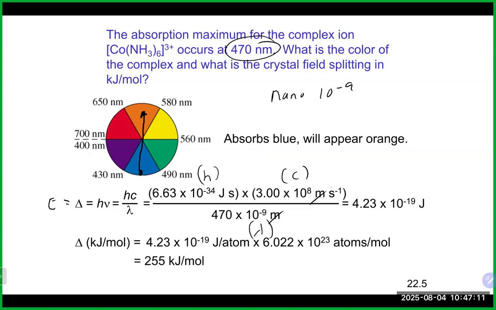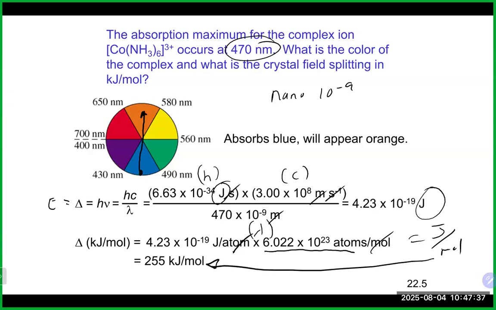That way meters cancel, seconds cancel, and that leaves us with joules. That's basically how many joules there are per atom. If we want to know how many joules per mole or kilojoules per mole, we would use Avogadro's number, which gives us how many atoms per mole, and the moles here will cancel. That would technically give us joules per mole, which you can then convert to kilojoules per mole.